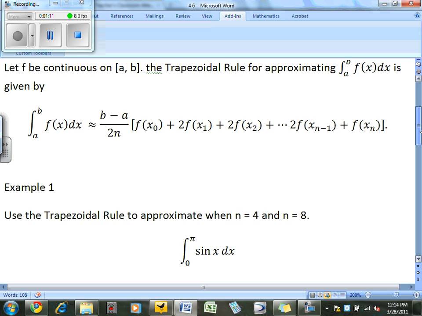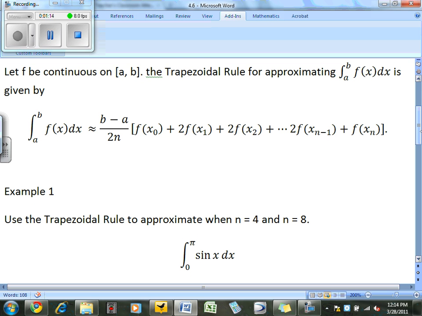All right. And here's the trapezoidal rule. If we're given an integral from a to b, they'll tell us n, which is how many trapezoids we're going to break our area into. So we'll take our b minus a, our upper limit minus our lower limit.